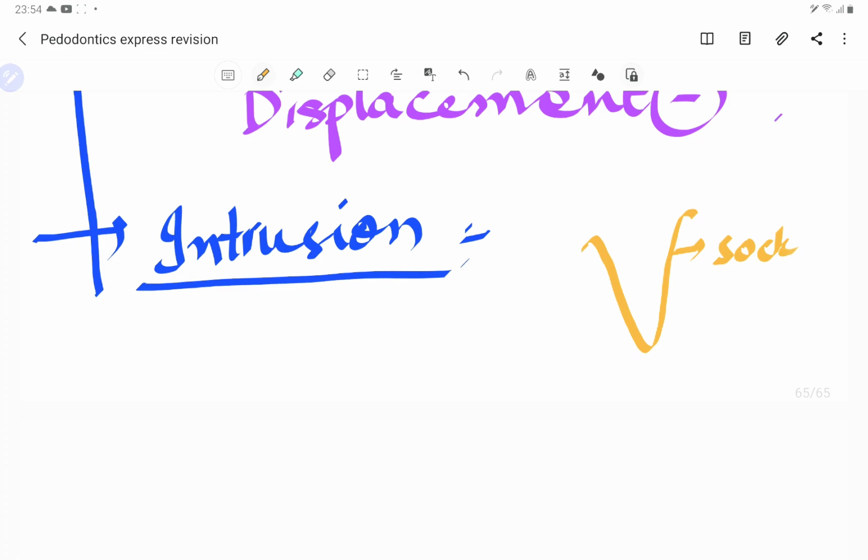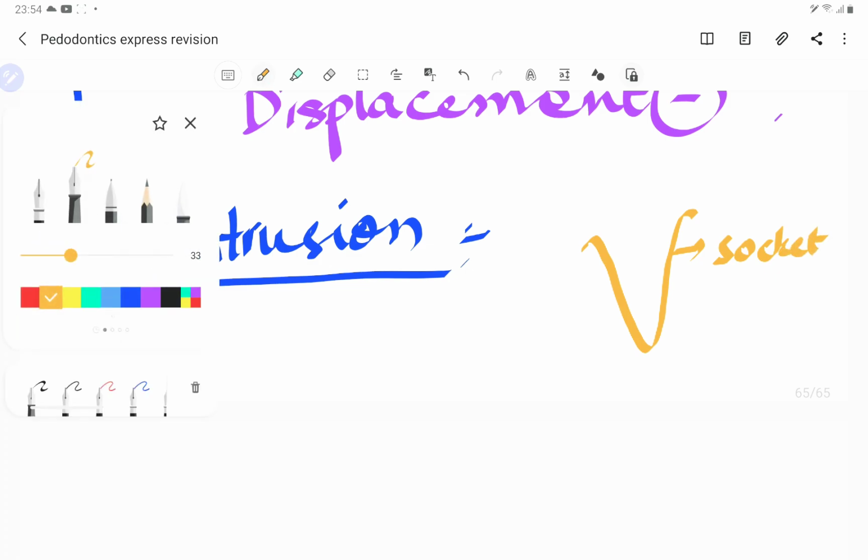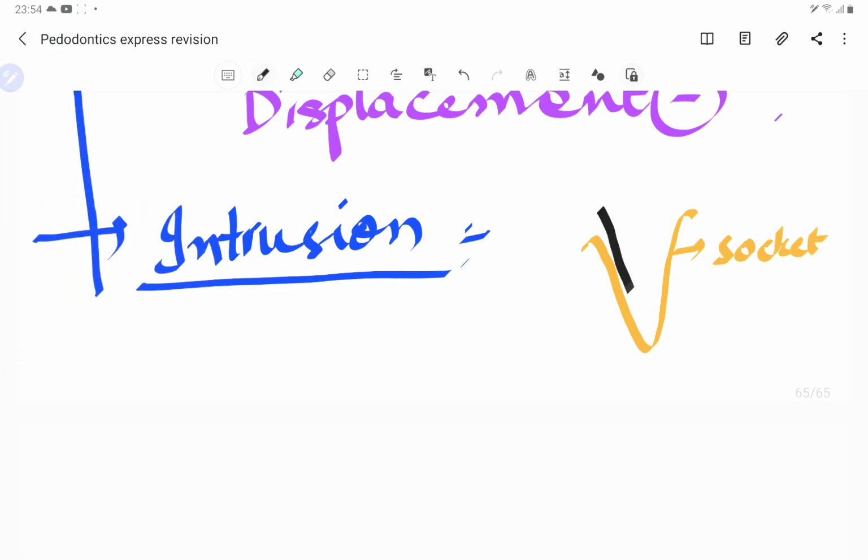The tooth is normally like this, right? But what happens when there is displacement of the tooth into the alveolar bone after the injury, which we call intrusion? The tooth has gone inside the socket, guys, like this.